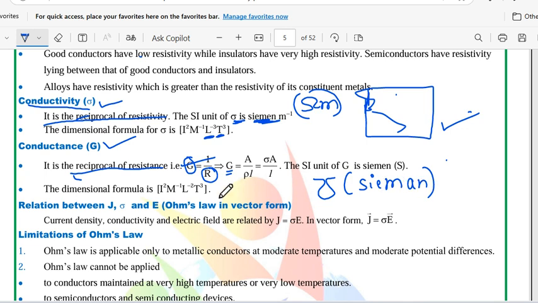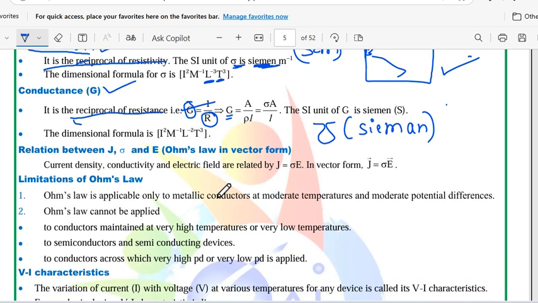Now the dimensional formula of conductance is I square m to the power of minus 1, L to the power of minus 2, T to the power of 3. This is the definition of conductance, its mathematical expression, SI unit and also dimensional formula.